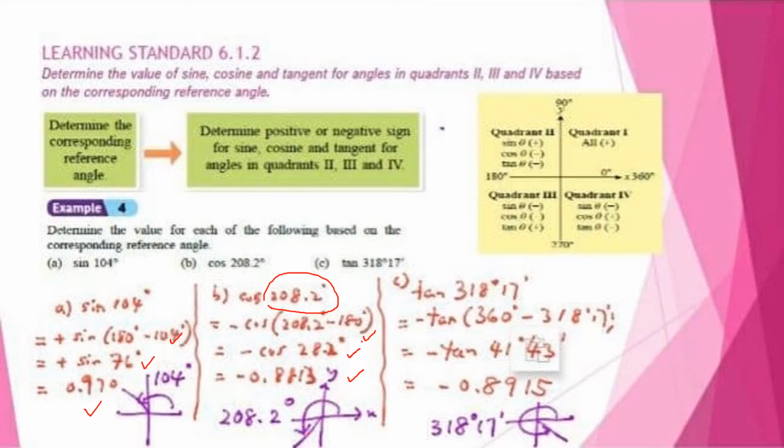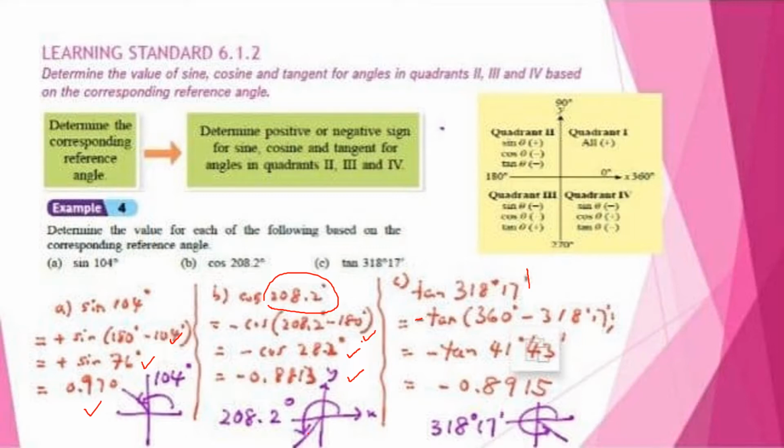Okay, for C, tangent 318 degrees 17 minutes. From this theta we know that it is in quadrant 4. In quadrant 4, only cos is positive, others are negative. So we have to put the sign negative, tangent 360 degrees minus 318 degrees 17 minutes.